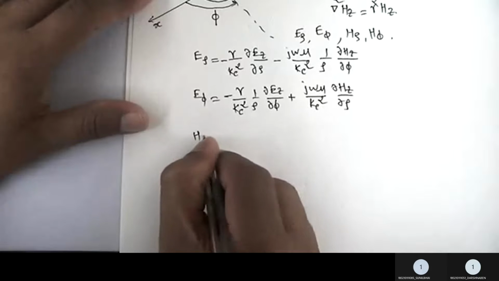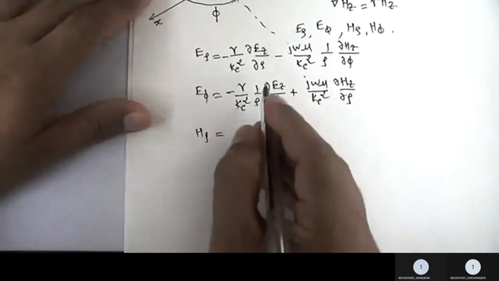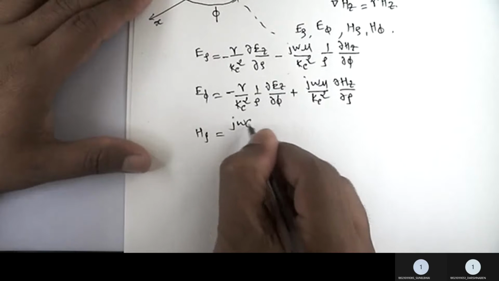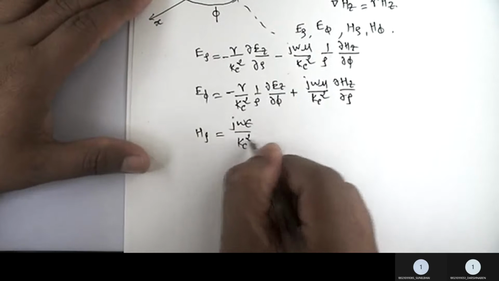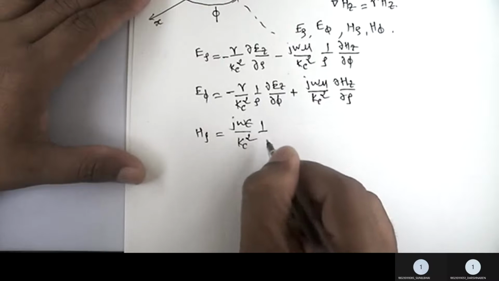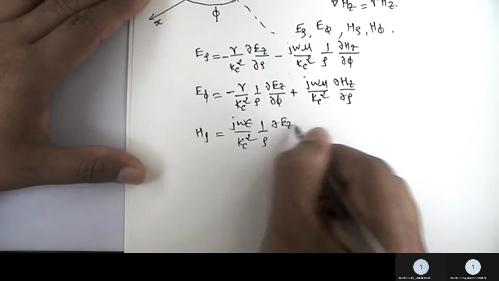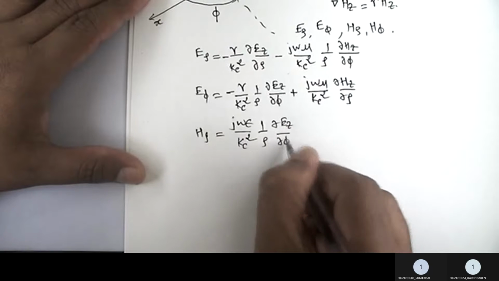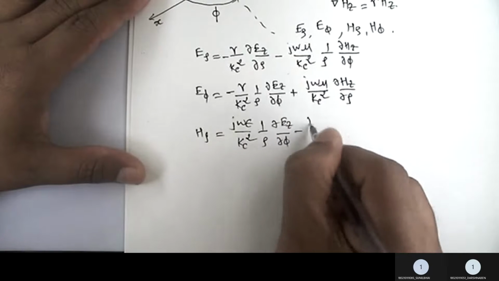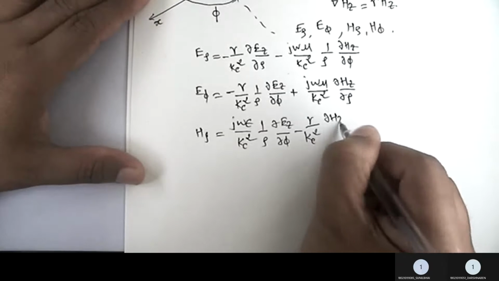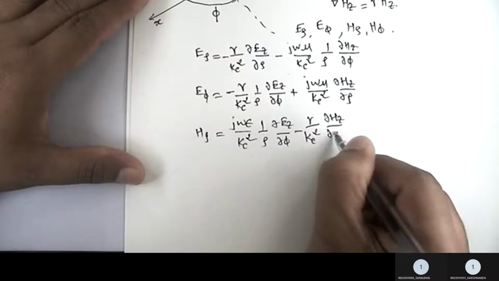In the same way, the H rho component can be expressed as j omega epsilon by kc square, 1 over rho, del Ez by del phi, minus gamma by kc square del Hz by del rho.